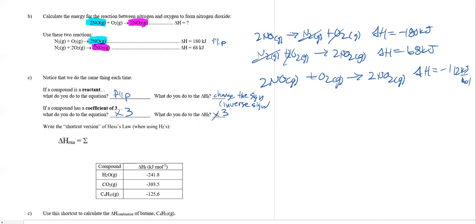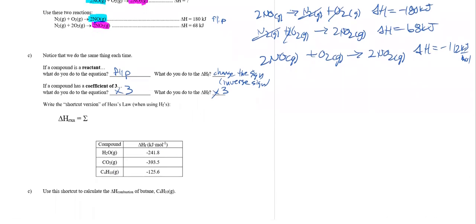So the shortcut version of Hess's law is that the sum of our delta H of our products minus the sum of our delta H of our reactants is going to be equal to the delta H of the reaction.